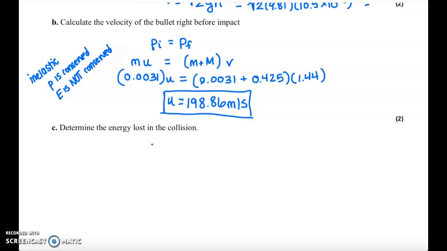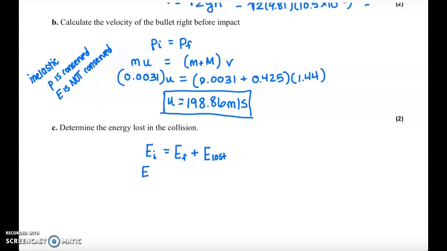So that means that whatever initial energy we have will equal the final energy plus some that we lost. Again, when I say lost, it's not that it magically disappears. We know that would be a violation of conservation of energy. We just mean that it's lost from the system that we are looking at.